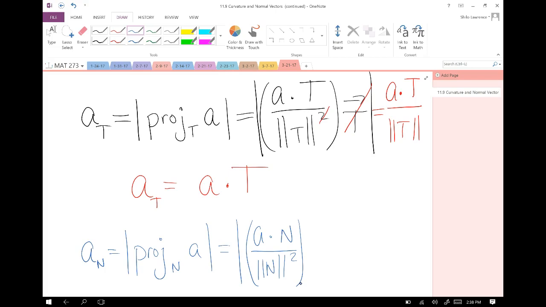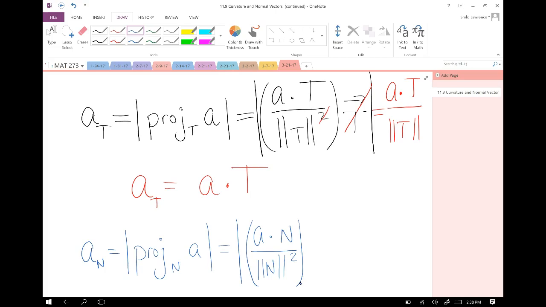We're not going to do all that. We could do all that to recreate the acceleration vector. All we really want to know is how much of acceleration, just as a number, is going towards changing direction and how much is going towards changing speed, just as a scalar.